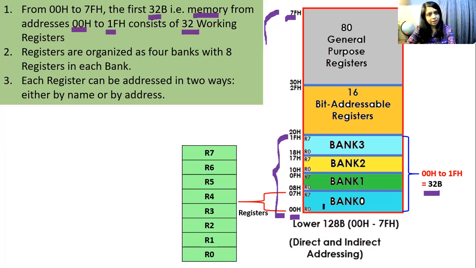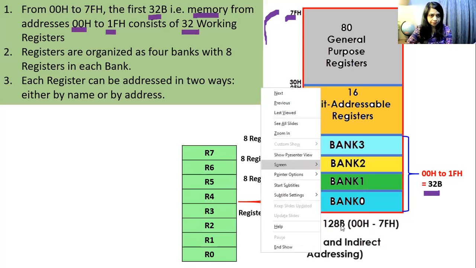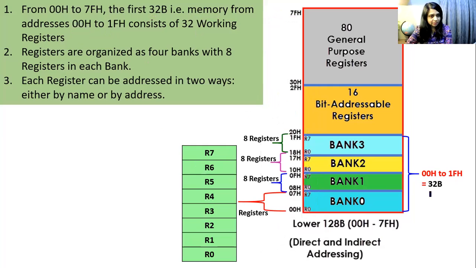Similarly in bank 1 there are 8 registers, in bank 2 also 8 registers, and in bank 3 also 8 registers. So these 32 registers are divided into 4 register banks, and in each register bank there are 8 registers whose names are from R0 to R7.